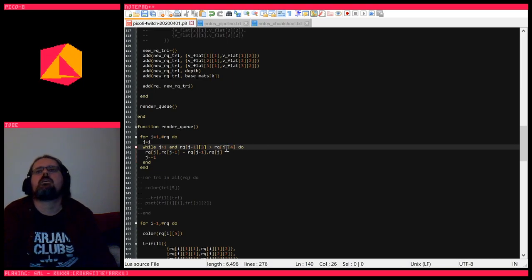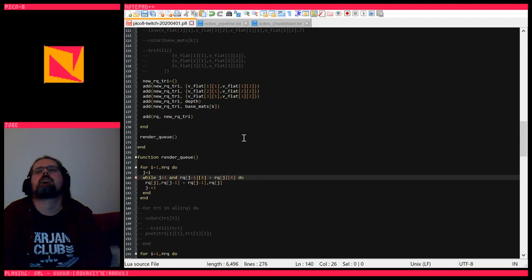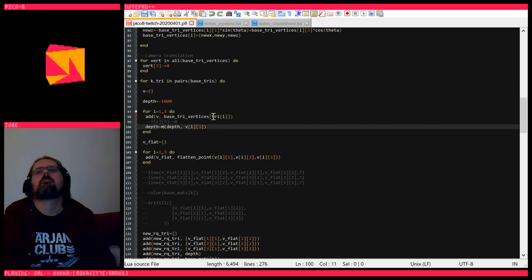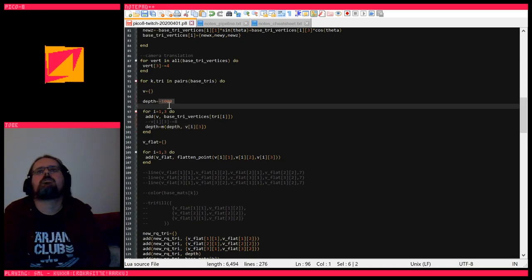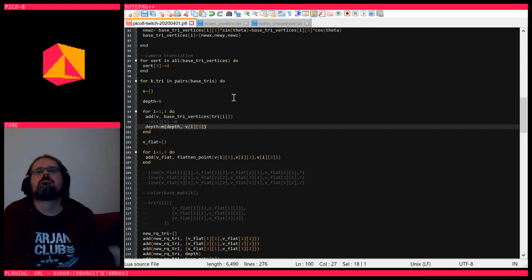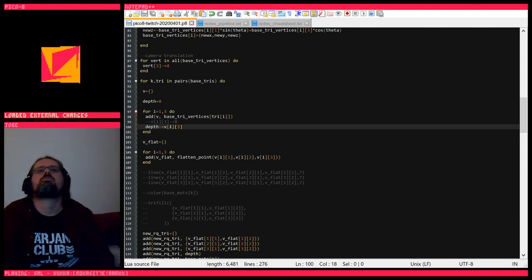It's supposed to be 3 because we're using Z. No, wait, actually we are using 4 because it's the depth. So, am I defining the depth all wrong? Let's do it like this instead. So minus was away from the camera. So we can try doing it this way instead.